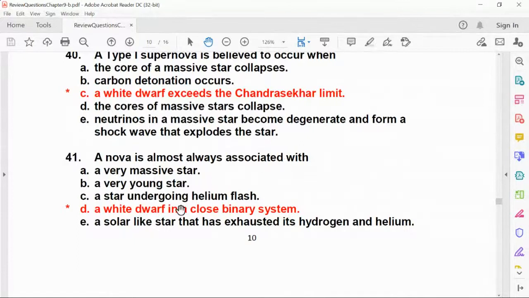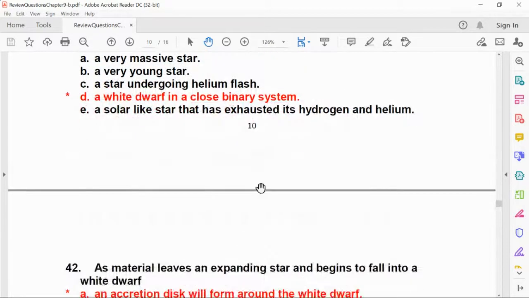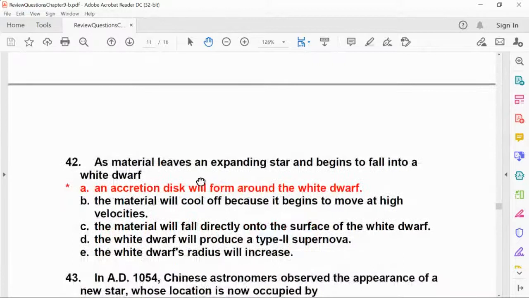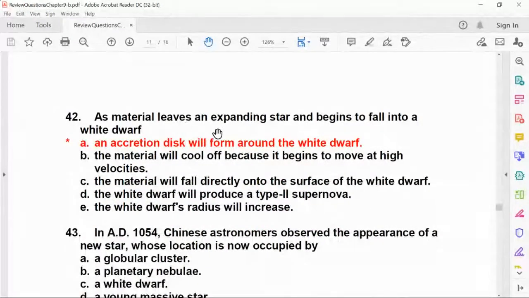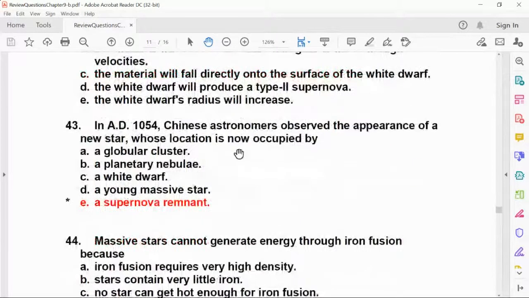Again, a nova is almost always associated with a white dwarf in a close binary system, which is also a type 1 supernova. 42, as material leaves an expanding star and begins to fall into a white dwarf, an accretion disk will form around the white dwarf. And of course, when it exceeds the 1.4 solar masses, then that's when you have the nova or type 1 supernova.